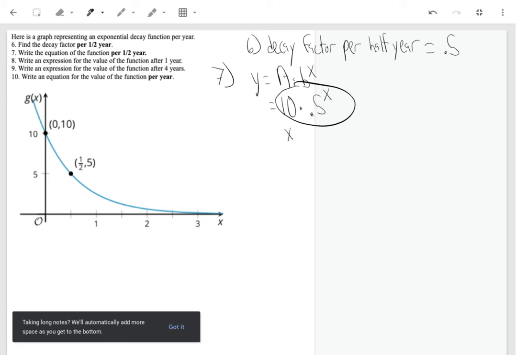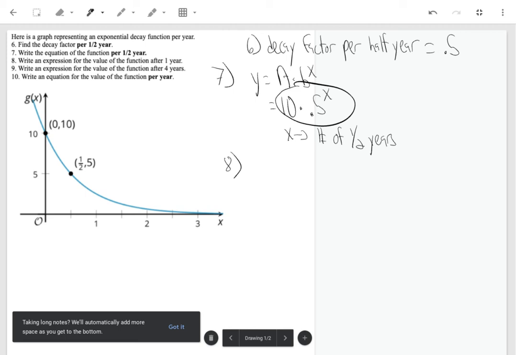The key thing to realize is x is the number of half years, not the number of years. That's important to realize when we talk about number 8.